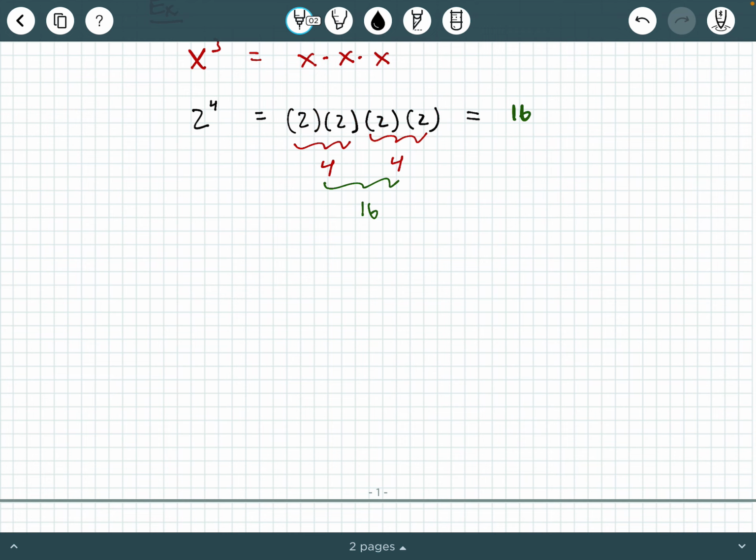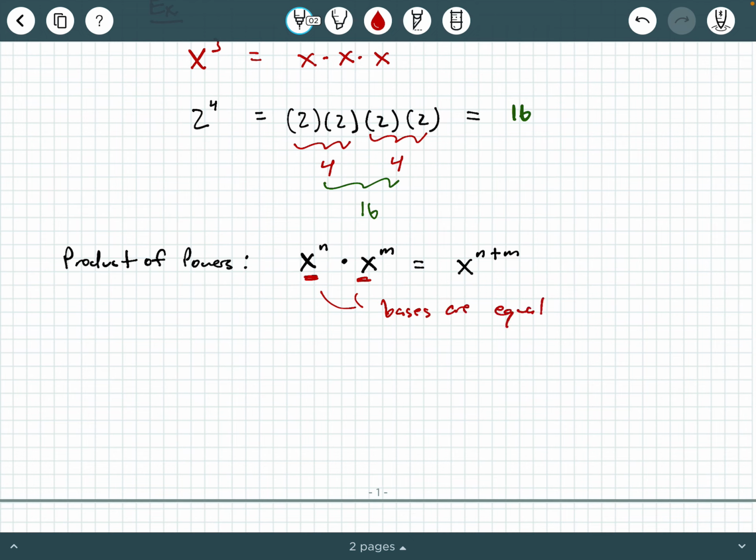We have several other properties. We have what's called the product of powers. What does the product of powers say? This says that when you have x to the n times x to the m, you get x to the n plus m. So the thing to note here is that the bases are equal.